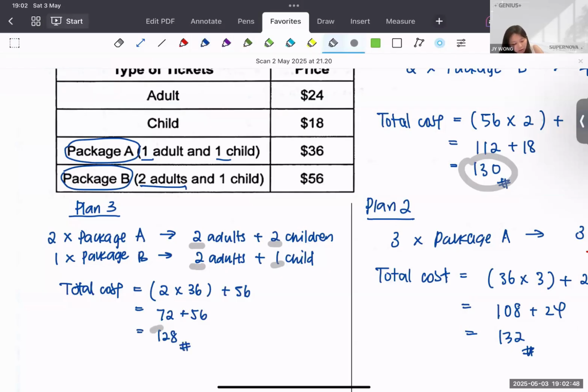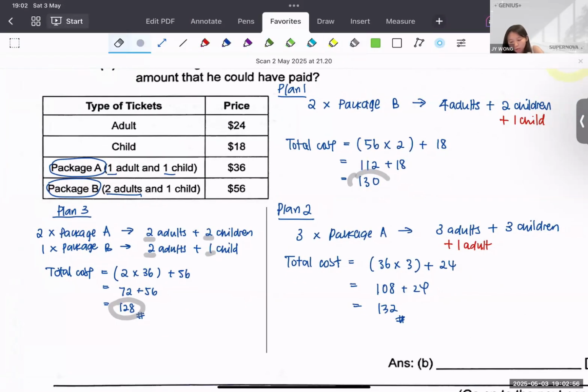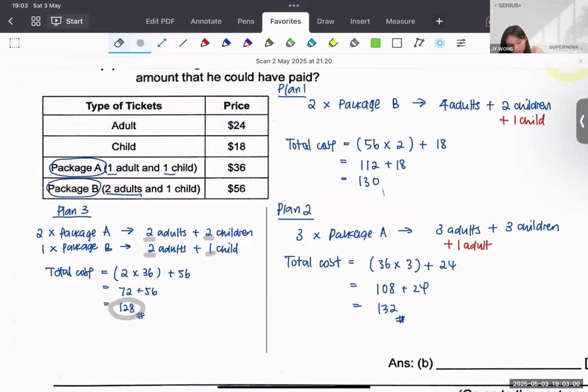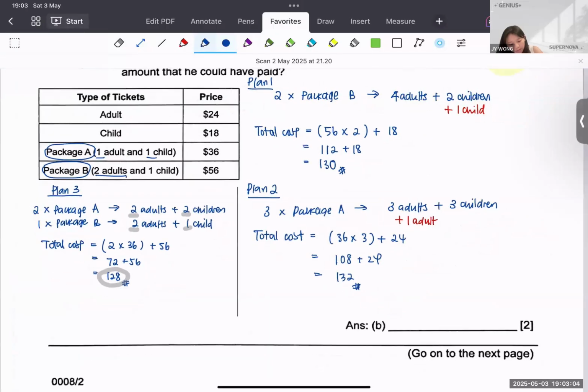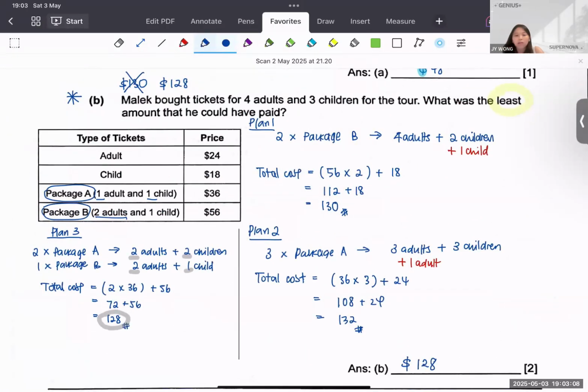So those who gave 130 means that you have not thought through enough, or you decided that you're correct already and don't need to do so many steps. So take note. Let me just erase this marking here. So the least amount is 128.